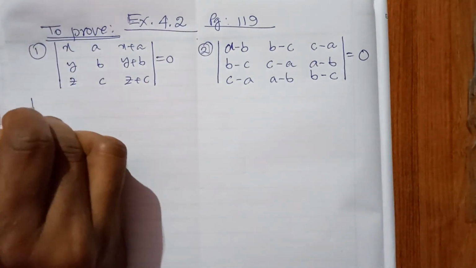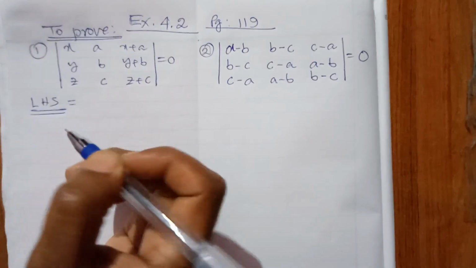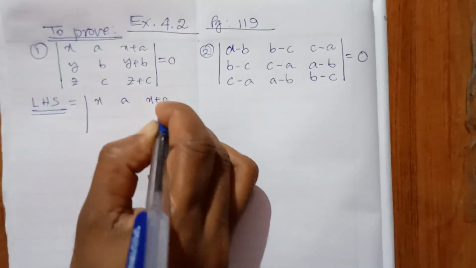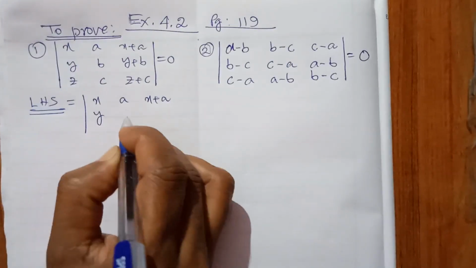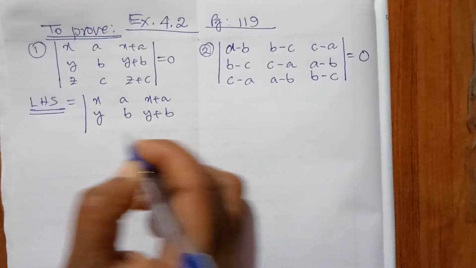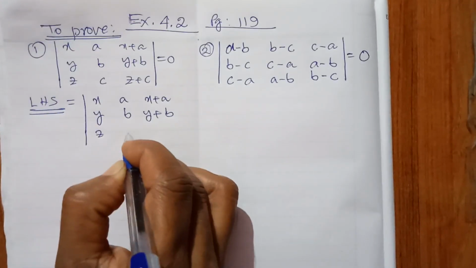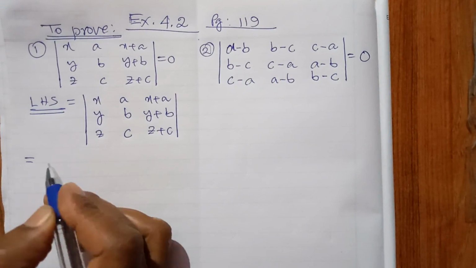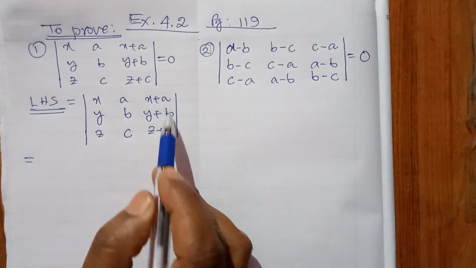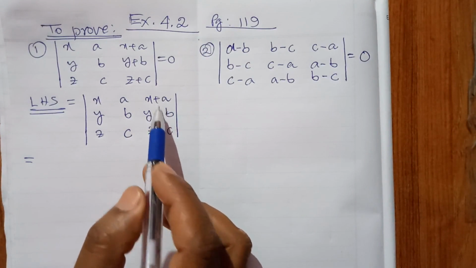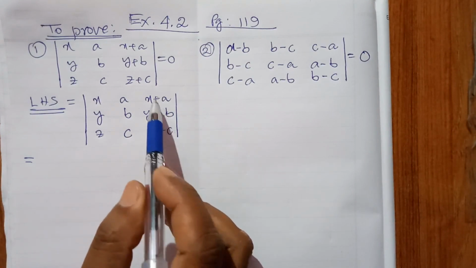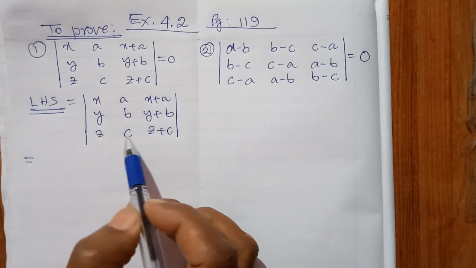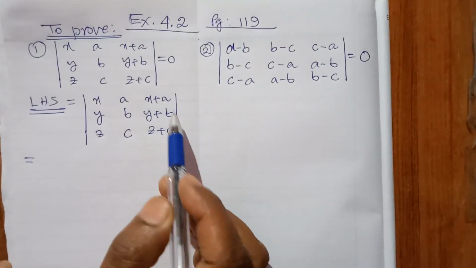So first I will use the left hand side. The left hand side is x plus a, y plus b, z plus c in the third column. Now see here the third column elements. Each element is the sum of two terms, so we can break this determinant into parts based on the column 3 elements.